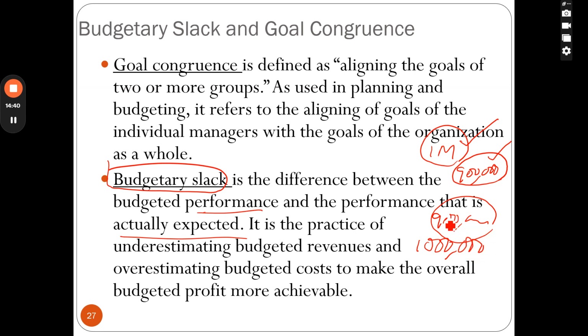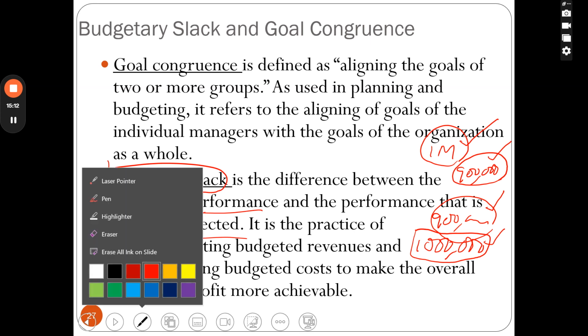So even if the cost goes up, he's still in the safe zone, because the expected cost is 900,000 only, but he already has a budget of 1 million. So he's getting a cushion against whatever uncertainties may happen. So this is what budgetary slack actually means.